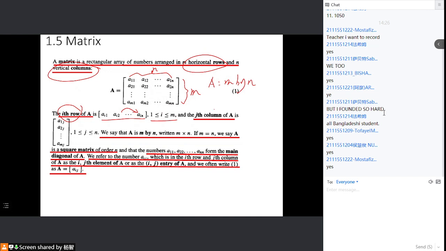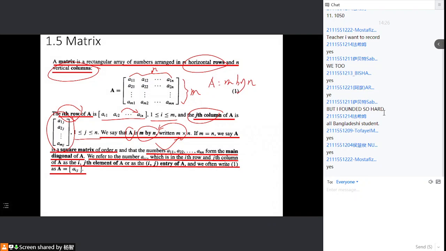And the jth column of A is expressed like this: A1j, A2j, until Amj. And the range of j is like this. We say that A is m by n, and m by n describes the shape of the matrix.